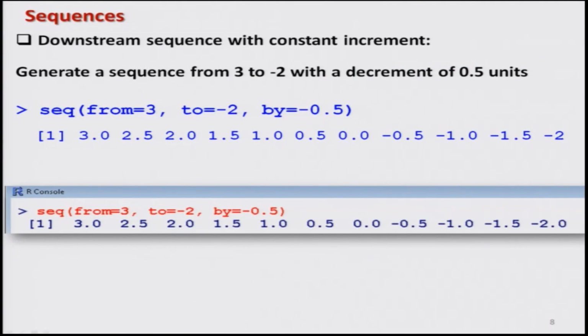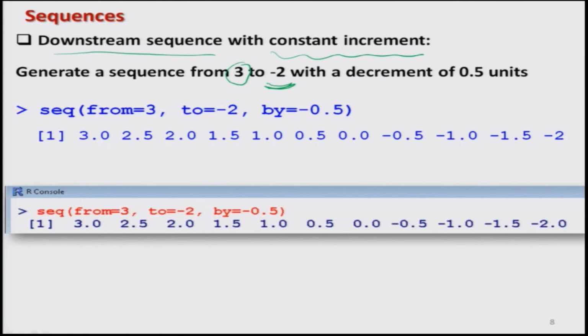Right. Now I take another example where I try to find a downstream sequence. That means the values are decreasing and there is a constant increment. So I generate a sequence starting from 3 to -2, which is going in the downward direction.